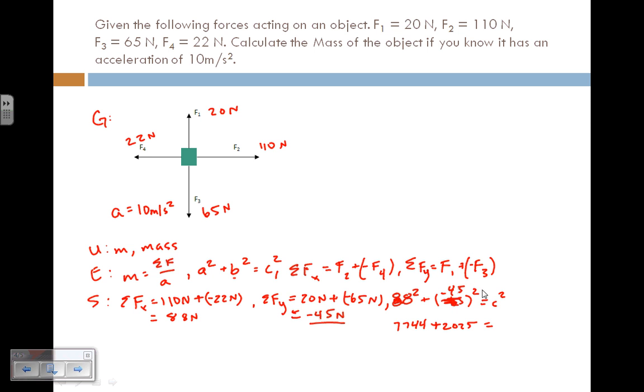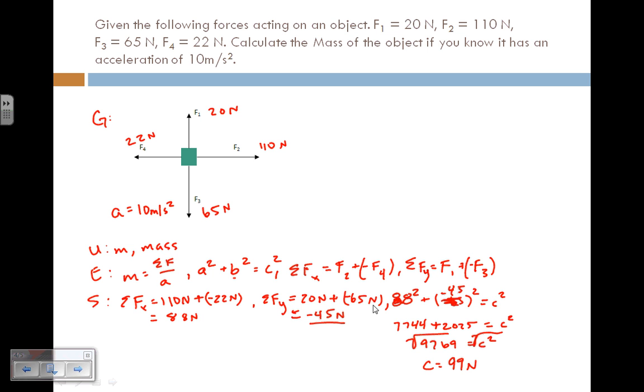Make sure you put this in parentheses when you square it, otherwise you'll get a negative value here and that'll mess up your answer. From here, we'll add these two and you'll get 9,769 is equal to c squared. Take the square root of both sides, and you end up with c being equal to 99 newtons. Again, c is representing this sum of all forces here.